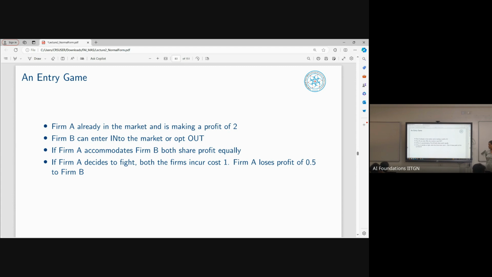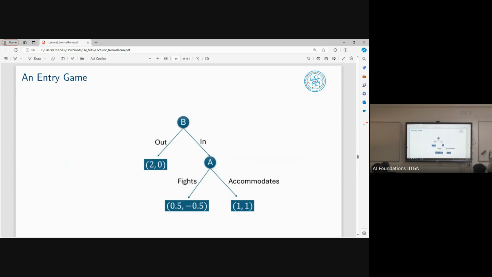So the idea now is to design an extensive form game representation of this particular entity. So who is the one who is making an action first here? Because A is already there, it's not doing anything. B is making an action.